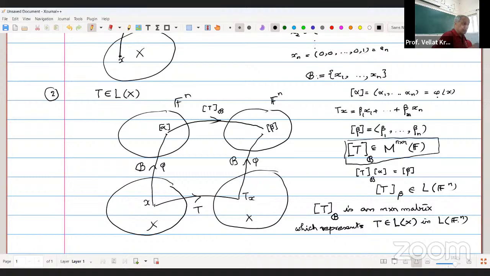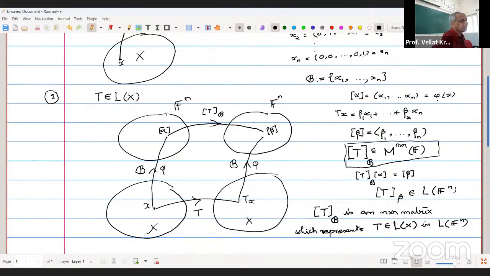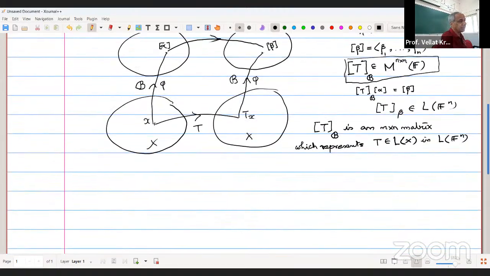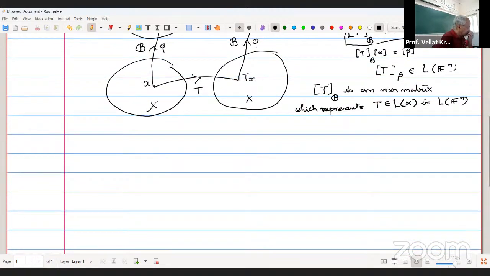So, by which you also imply that you can get a different n by n matrix representing the same linear transformation if you make a different choice of the basis. Because in the beginning itself, we have said that the choice of the basis for a vector space is not unique.